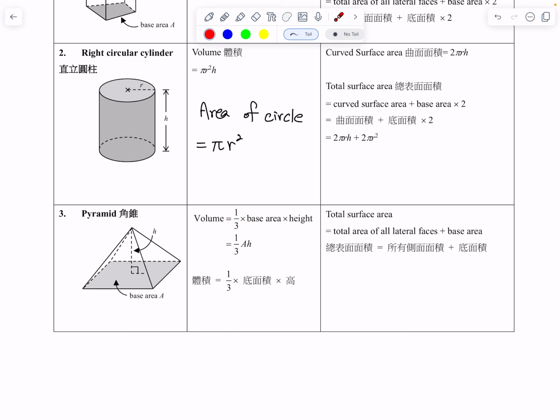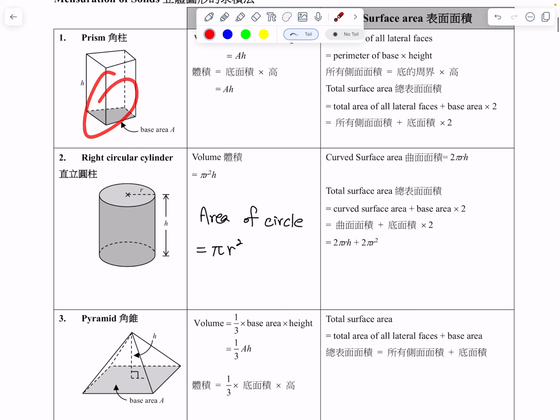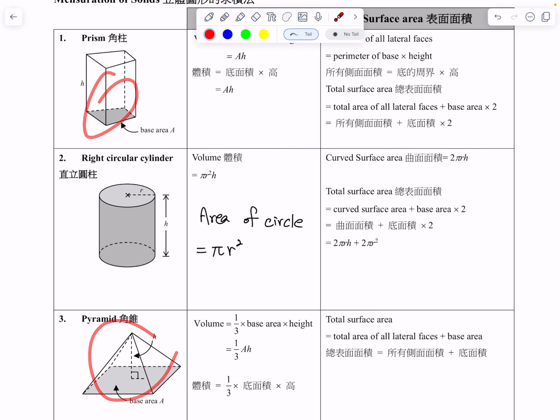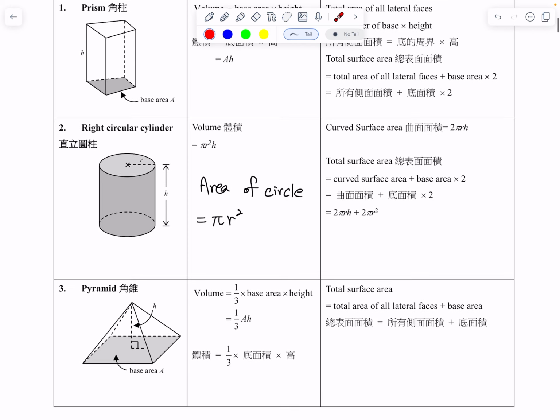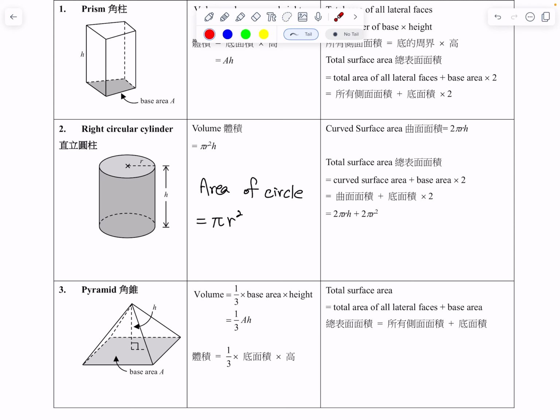Now you can actually try this experiment at home, where you have the same base, same height, and one of the shapes is pointy and the other one is not. So prism and pyramid. That's something I did in primary school, actually. The teacher, when they were teaching us this topic, asked us to put water inside.